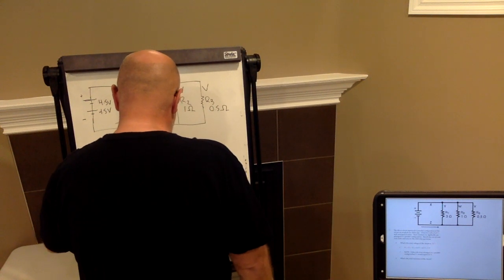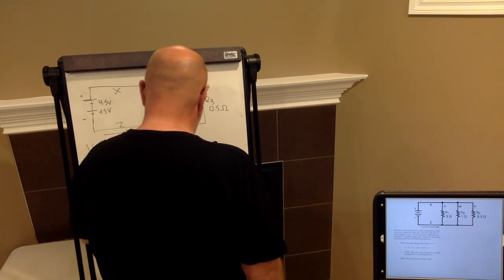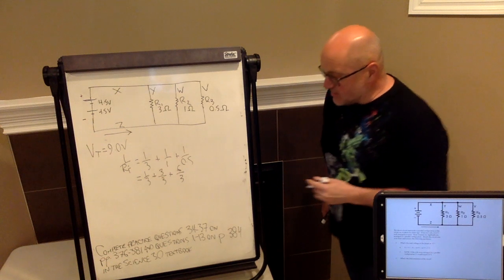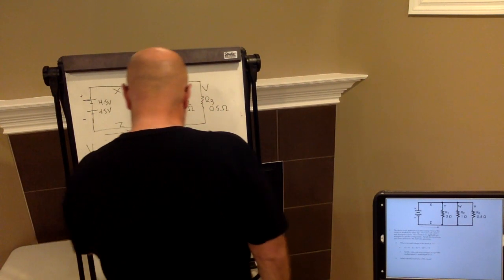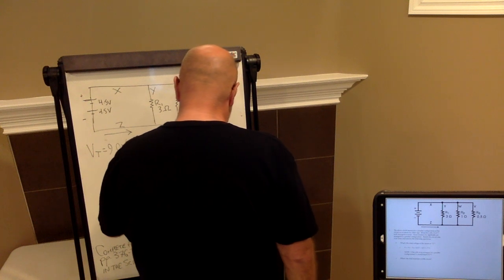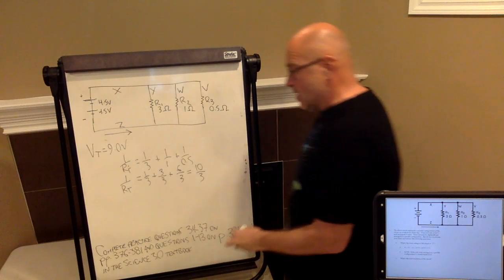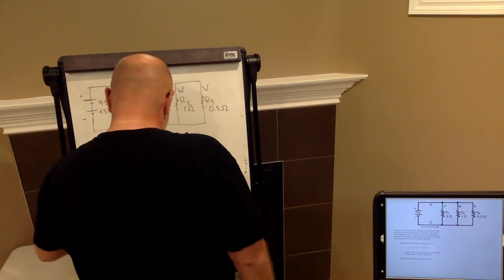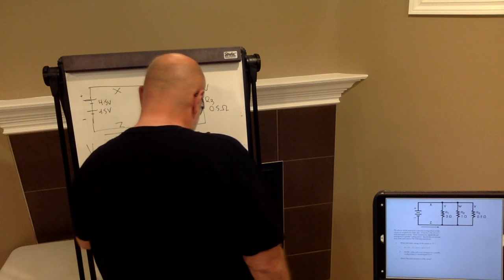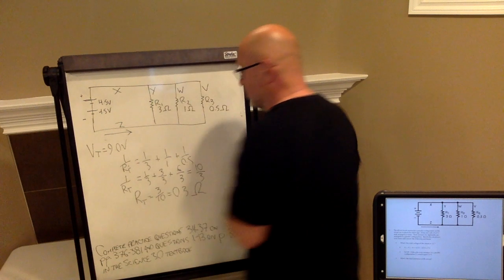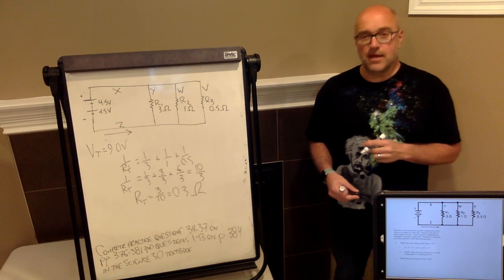So that's going to be 1 over 3, 3 over 3, 6 over 3. Essentially I'm going to have 1 over RT equals 10 over 3. But it's 1 over RT, so I've got to flip that around. So RT becomes 3 over 10, which equals 0.3 ohms. That's my total resistance in this circuit.